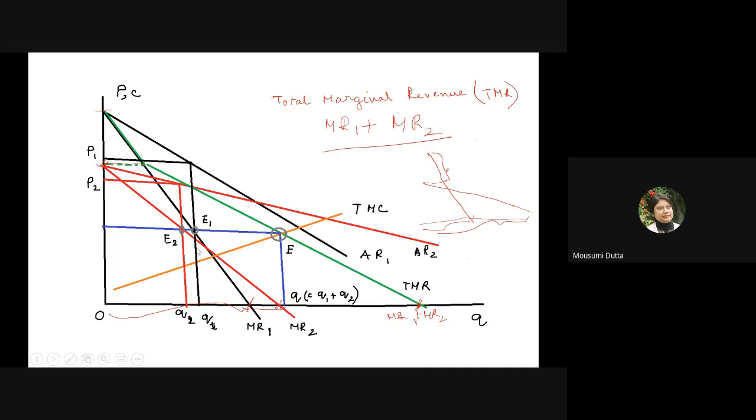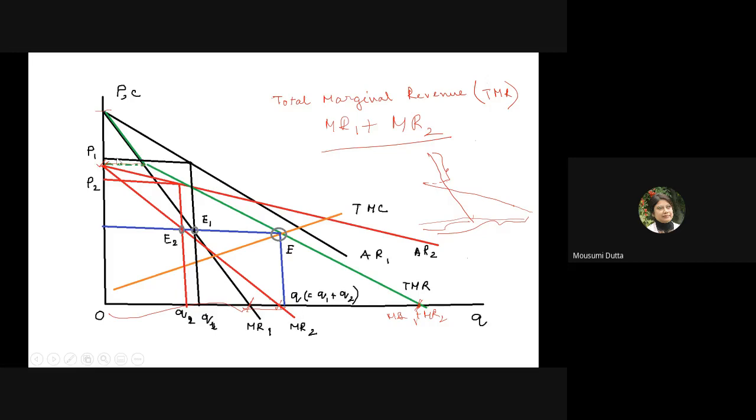Once we understand this will be Q1, I have to find out what will be the price. So I'll extend this output up to the demand curve or average revenue curve in market 1.